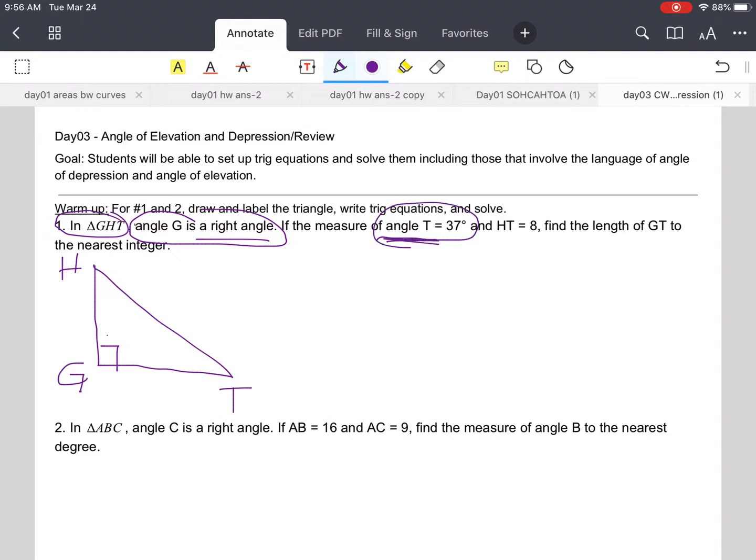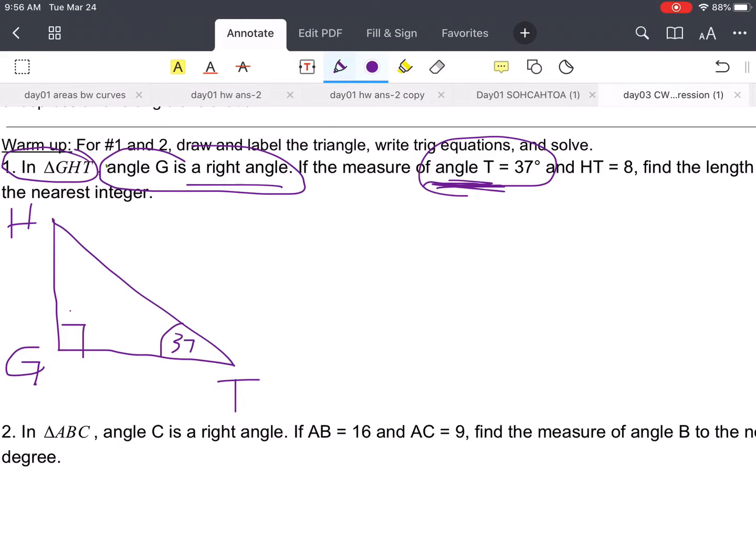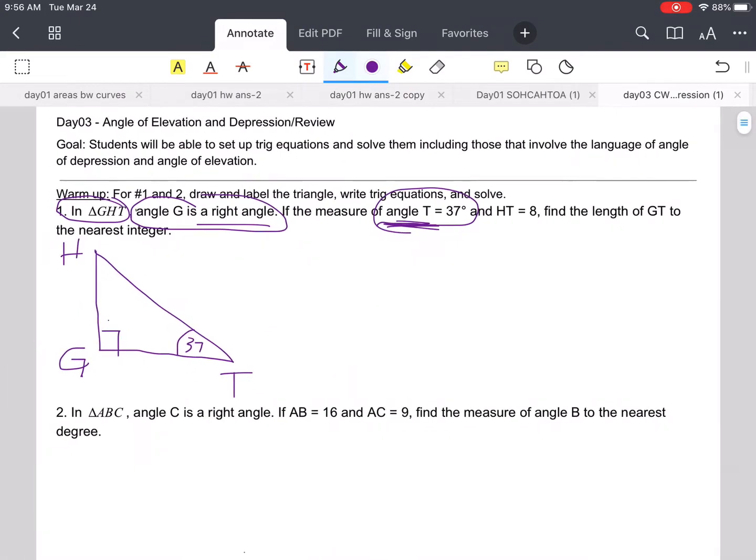Angles are in these little crevices. This is angle T, so it's this crevice right here, 37. And then it says that HT, that's this, is 8, okay? So I have an angle there of 37, I have 8. Now they said find the length of GT, that's X.